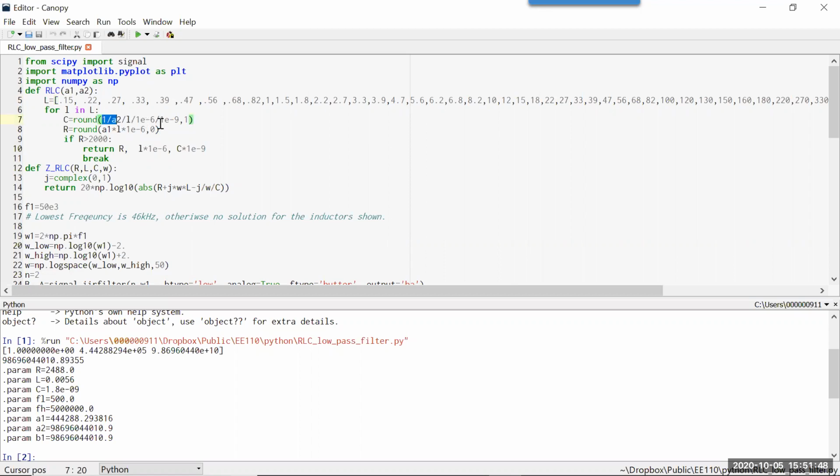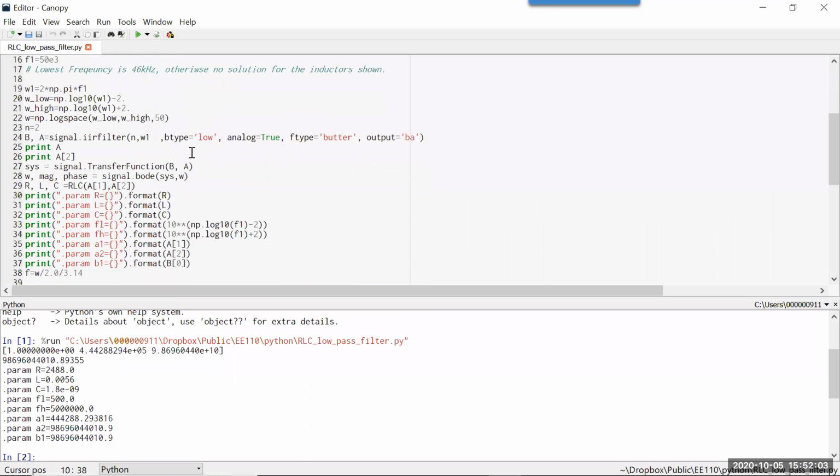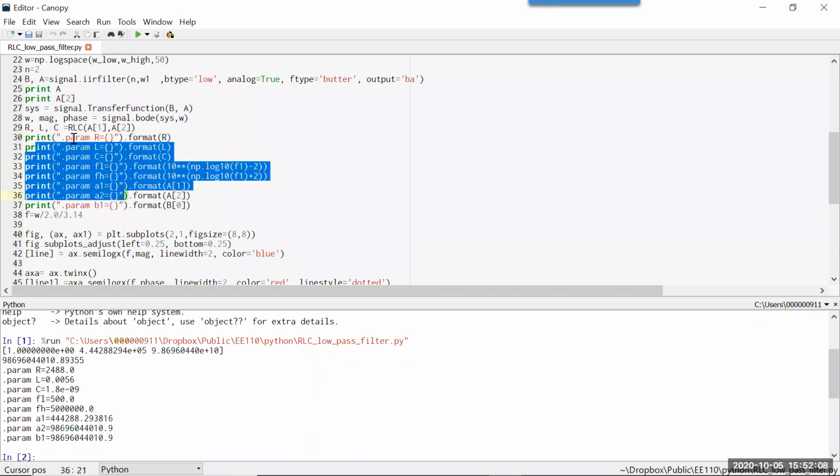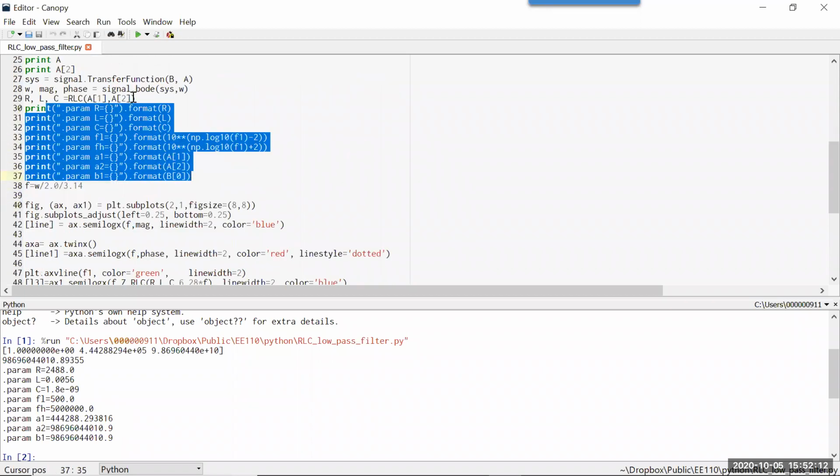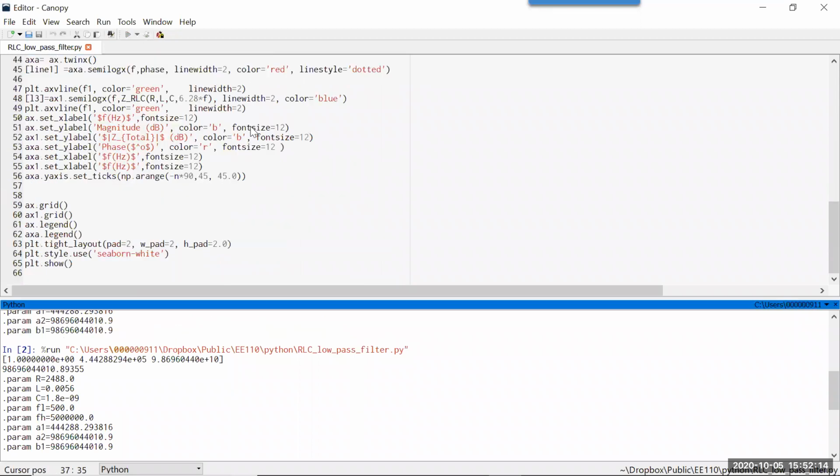So then it calculates a capacitance value and rounds it, and then calculates the R. And then basically if R is greater than 2000, then it'll spit back what you want, right? This you'll probably recognize as me printing out things so that I don't have to write them out in LTSpice, and then it makes a nice little plot.